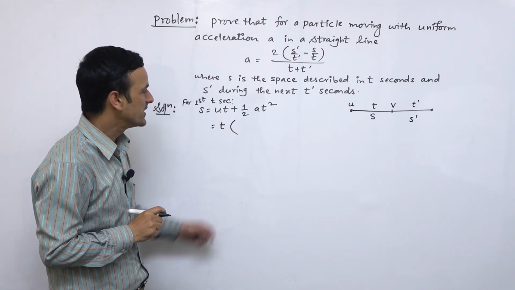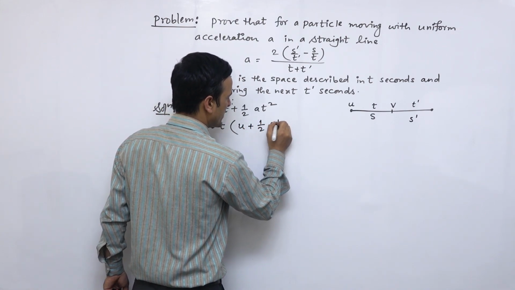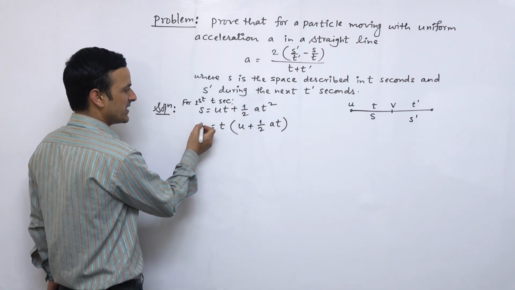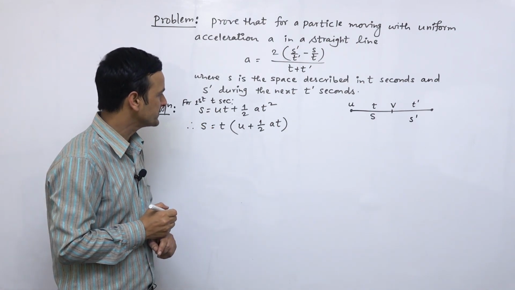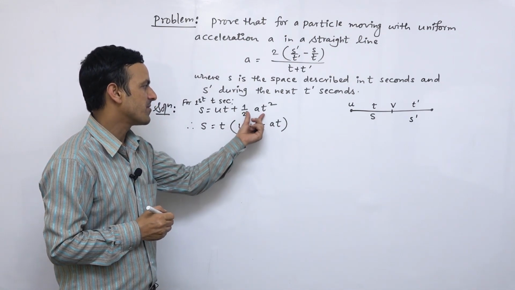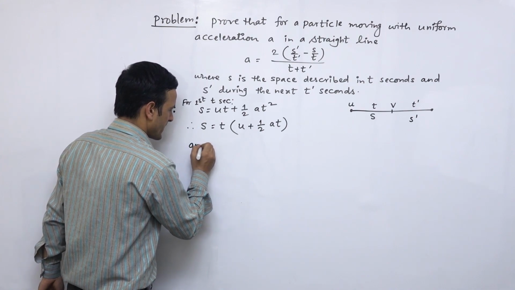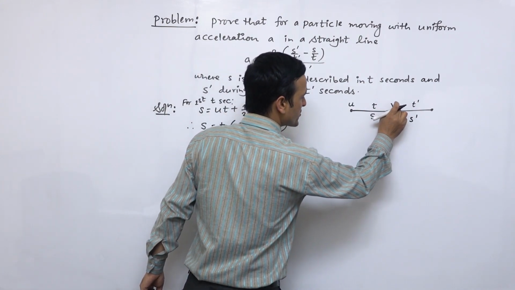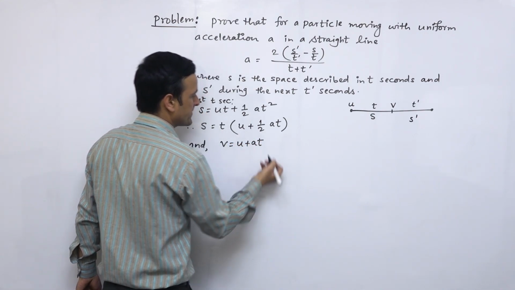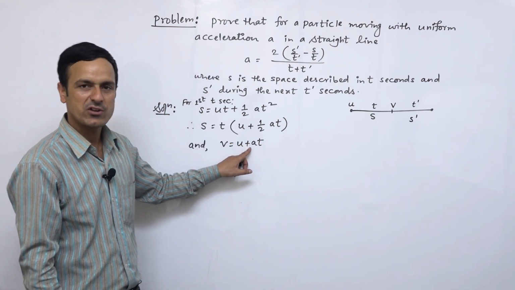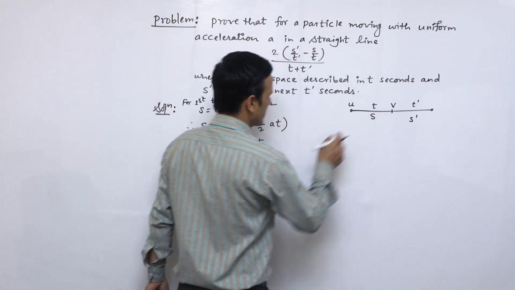We can take t common from here: s is equal to t times (u plus 1 upon 2 at). This is the distance covered by that particle, and its final velocity will be v is equal to u plus at. So this will be the final velocity of that particle for the first t seconds.